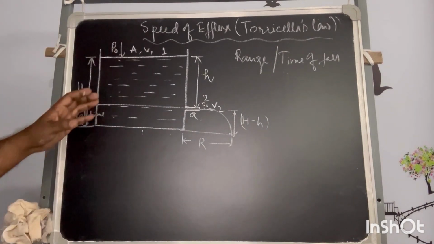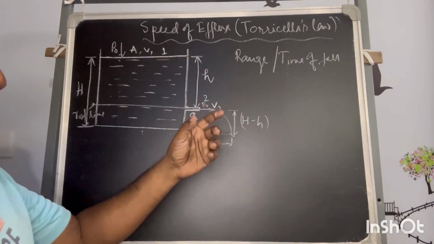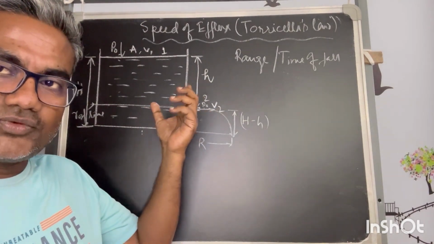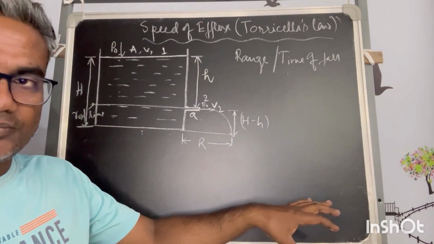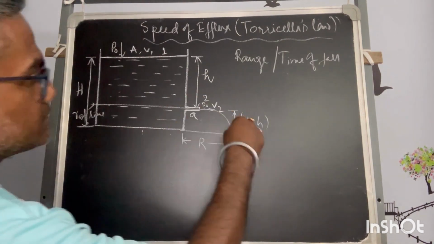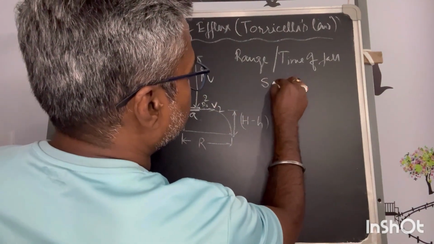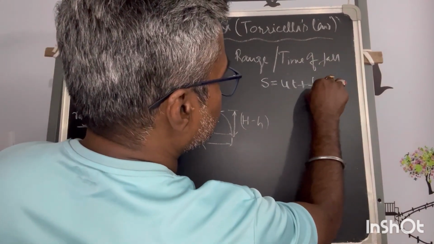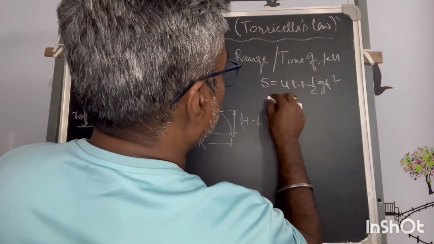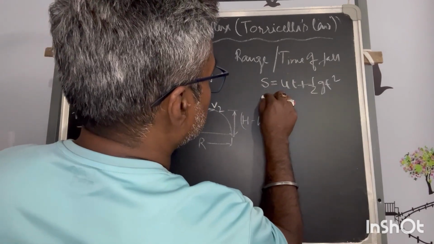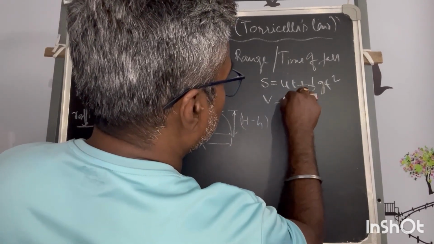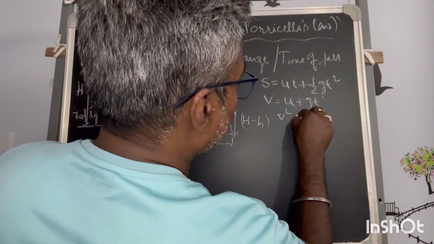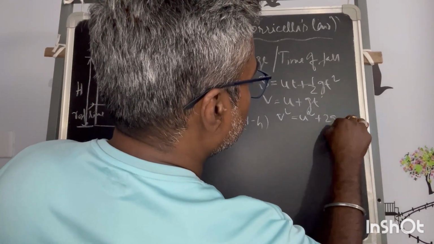So these are the two things that can be related to this. As we have seen earlier, this kind of motion can be resembled with a freely falling body under gravity. For a freely falling body under gravity, the equations are: displacement is equal to ut, which you know from our kinematics, so I need not explain it. v is equal to u plus gt, and v square is equal to u square plus 2gs.